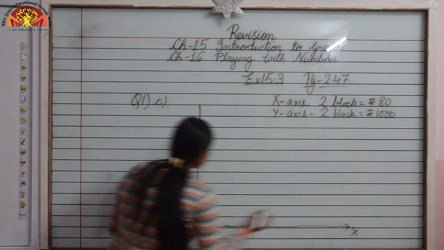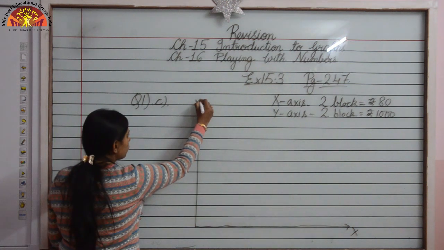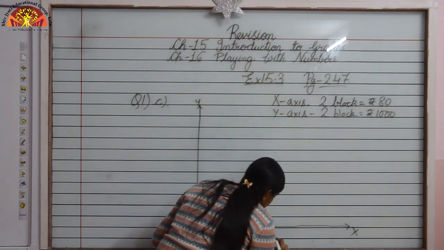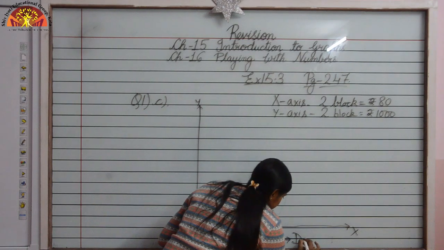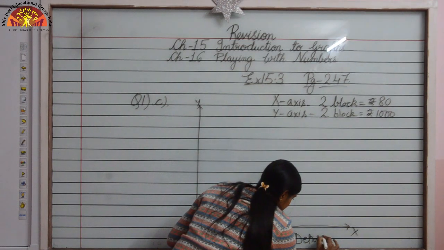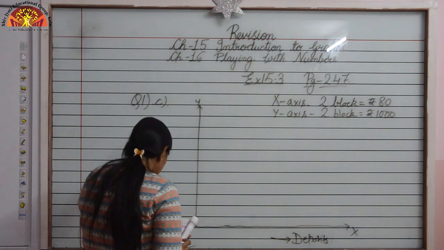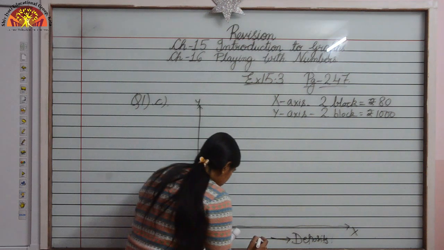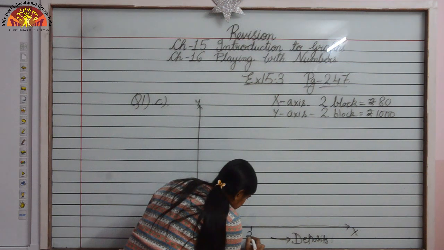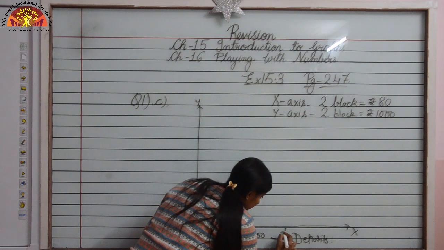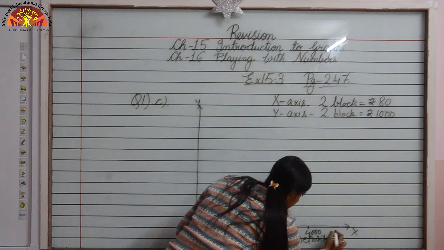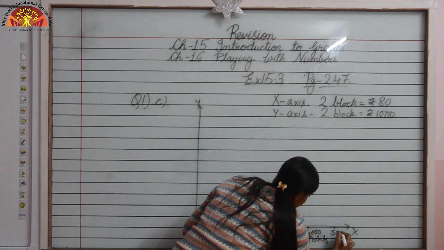So children, this is the x-axis and this is the y-axis. On the x-axis I am taking the deposits. It is given 1000, then 2000, up to 5000 you have to take: 2000, 3000, 4000 and 5000.